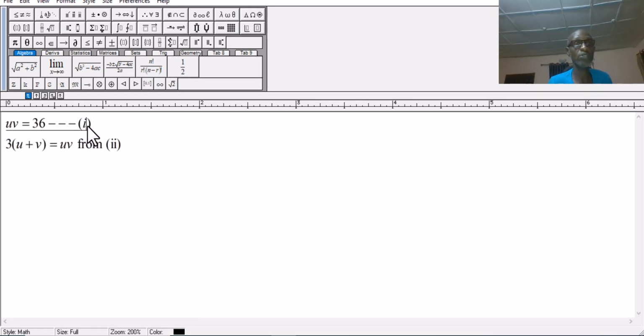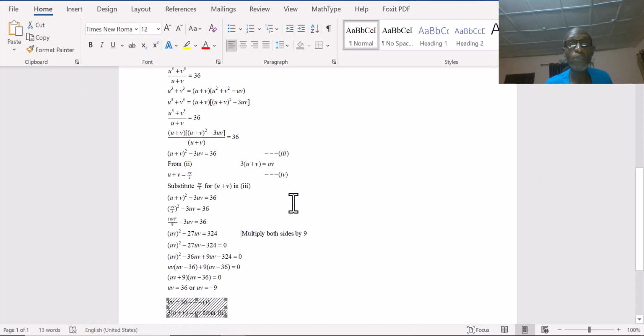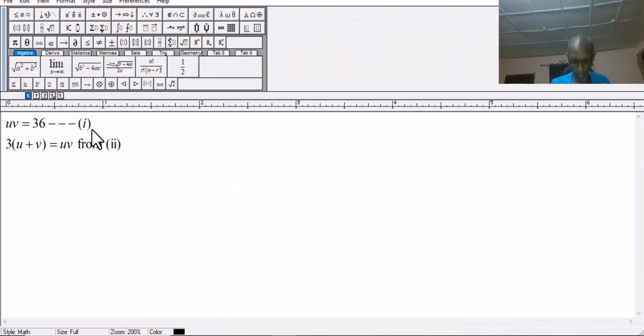So let's call these equations 3 and 4. Let me call this equation 5. So uv is equal to 36, and then 3 into bracket u plus v is equal to uv.